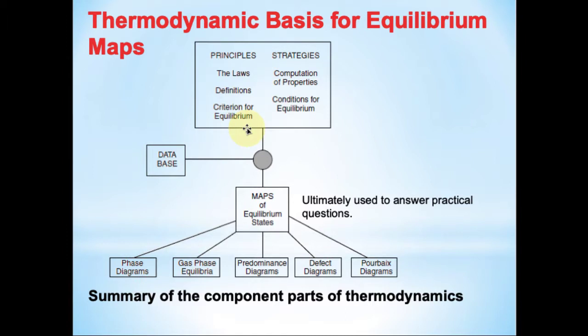Now the strategies. The conditions for equilibrium are a set of equations between properties of the system that must be satisfied when the system is in equilibrium. These equations are the basis for calculating maps of equilibrium states from database information. The list of equilibrium equations expands as the nature of the system under study grows more complex, requiring additional variables in the description of its states.